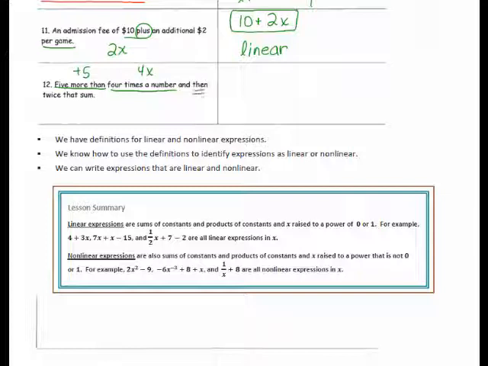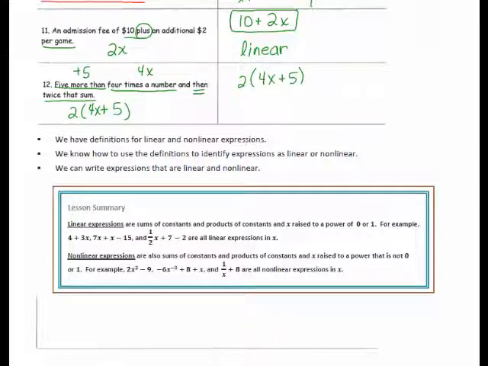And then we want twice that sum. Twice means to multiply by 2. So we'll have 2 times that sum. The sum of what? 5 more than 4 times the number. So we have twice the sum of 4x plus 5.